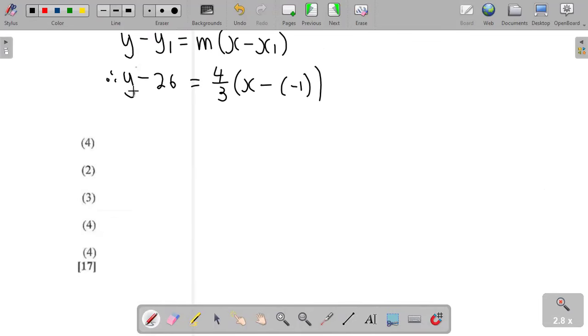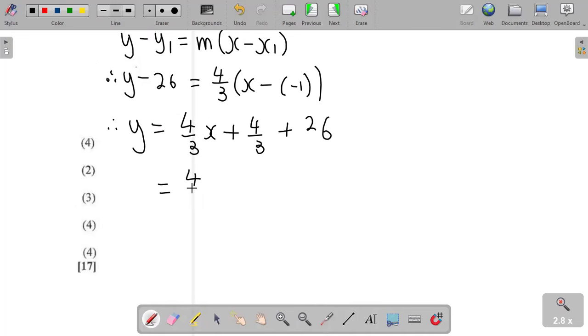Therefore y equals 4 over 3x plus 4 over 3 and then plus 26. You just use a calculator there.